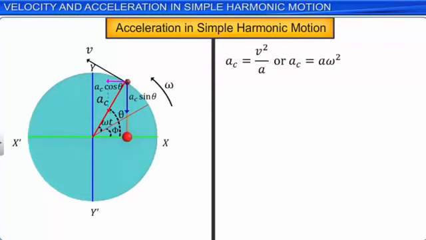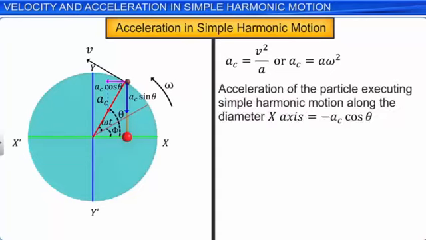If the initial phase phi is equal to 0, the acceleration of the projection, which is executing simple harmonic motion along the diameter along the x-axis, is equal to minus a_c cos theta, since this component is directed opposite to the positive x-axis.